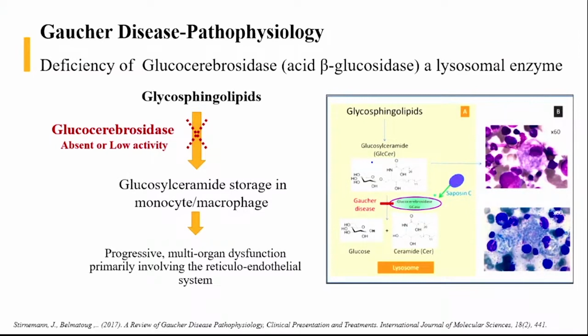Deficiency of glucocerebrosidase enzyme, or its other name, acid beta glucosidase enzyme, causes this problem. If it is absent or has low activity, it will lead to deposition or accumulation of glucosylceramide in the reticuloendothelial system, the monocytes and macrophages. This will cause problems in every tissue in the body, mainly in the liver and spleen, bone marrow, and brain as well.